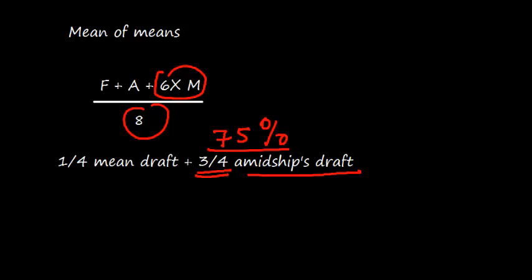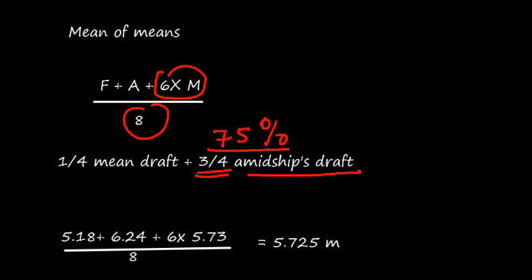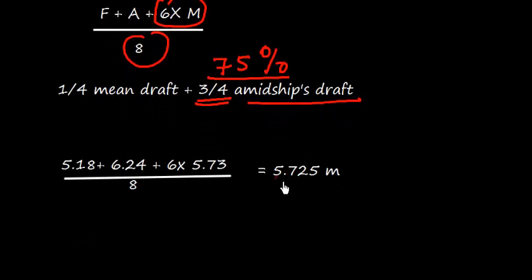That is this contribution. So we get this mean of means and we get this value which is 5.725. Well, this is the draft which is used to enter in the hydrostatic table to find the value of LCF.